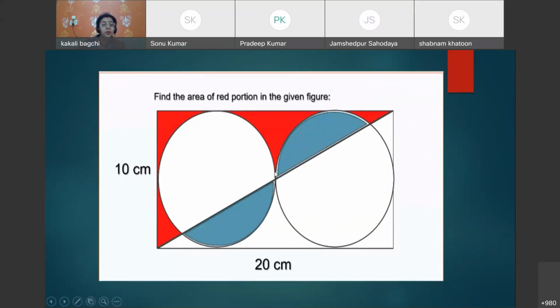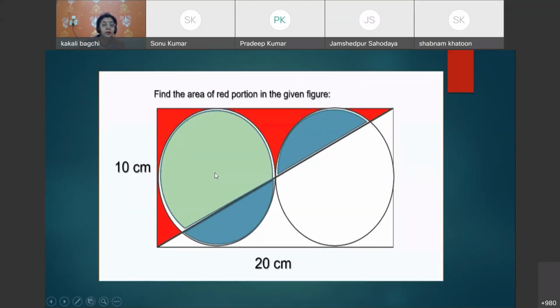That means which portion is subtracted, that these two same. So actually what the child will have to find out. This and these are same. So the child will have to find out the area of half of the rectangle minus the area of the circle.